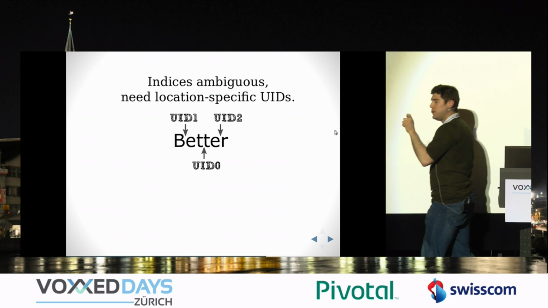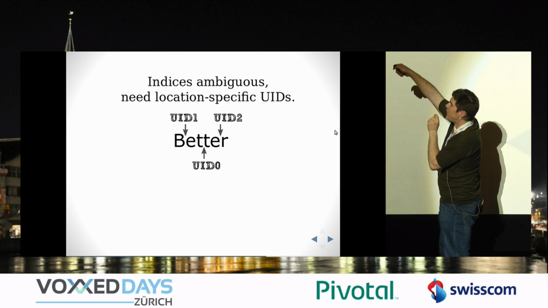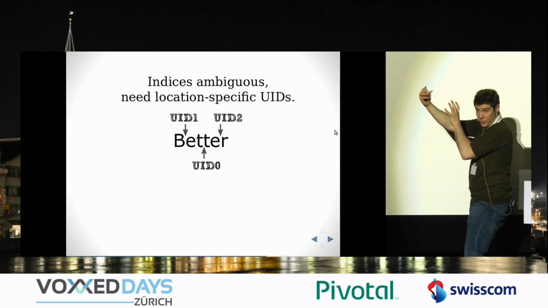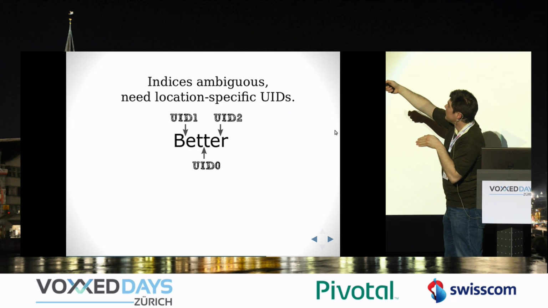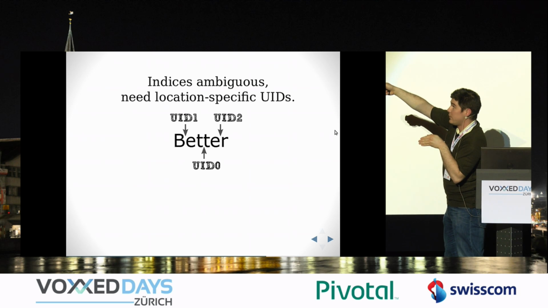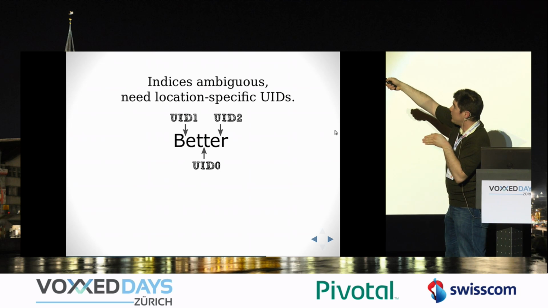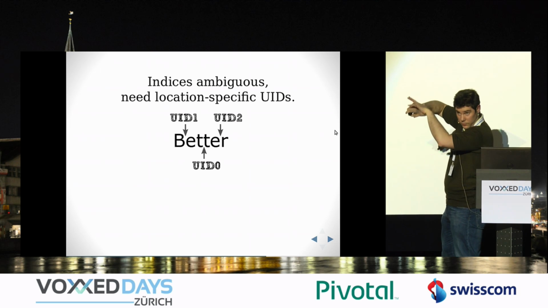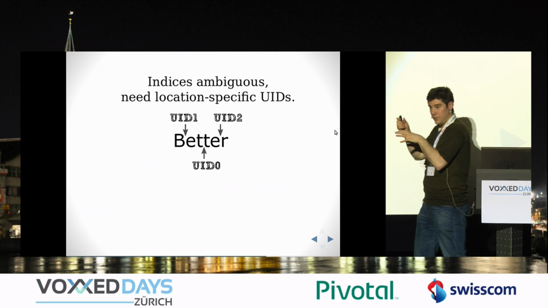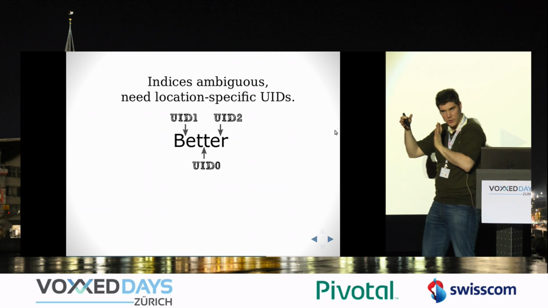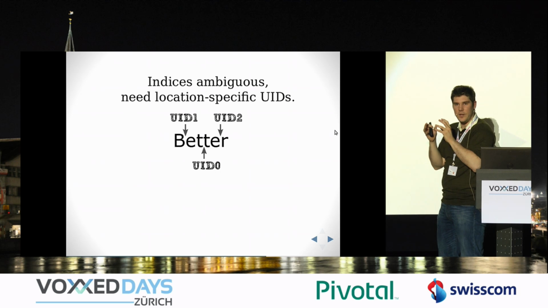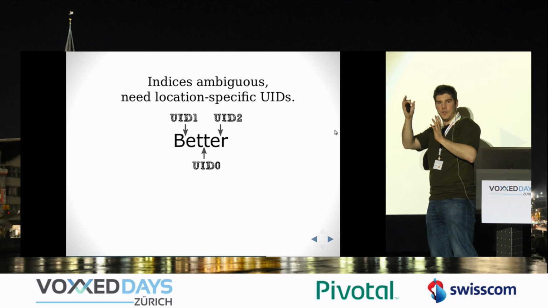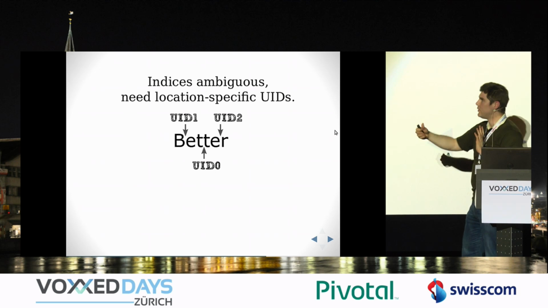And a unique ID means that if, for example, a unique ID were one, just an index into the current state of the sequence, then if you insert something in front, this would become one, right? So the unique ID would change if the unique ID were just an index into the sequence. So the unique ID needs to be something else. It needs to be really unique, regardless of how many things you insert or delete in your sequence.